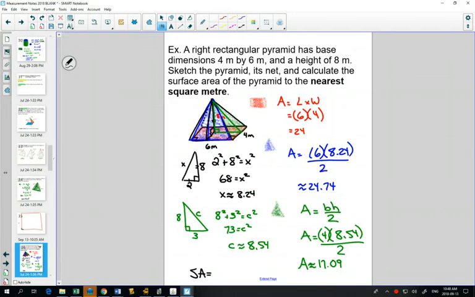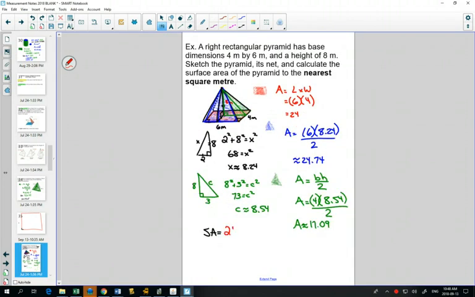we figured out the area of the bottom. That's our 24. We figured out the area of the blue side. Can you see that you would have 2 blue sides? And we figured out the area of the green side.